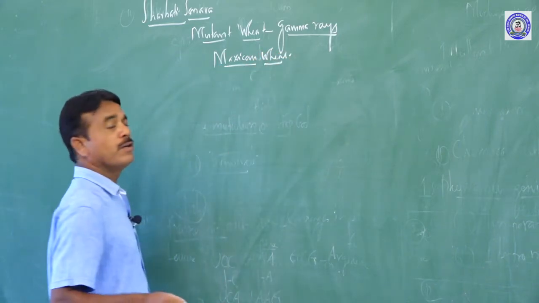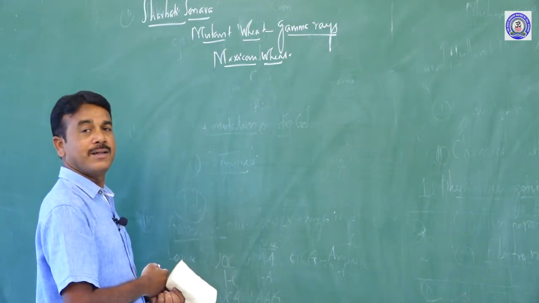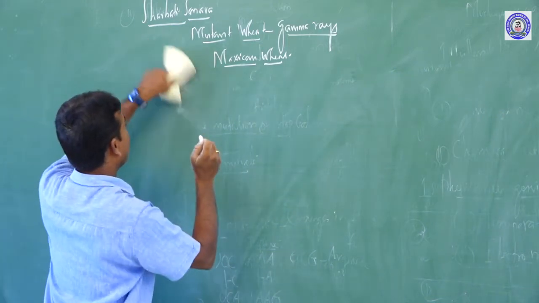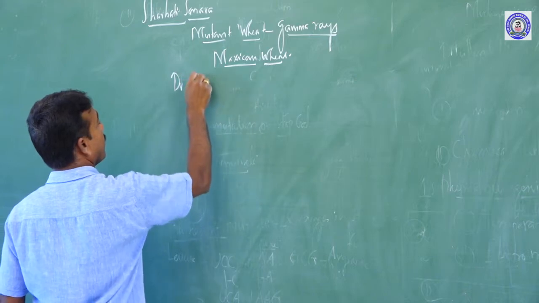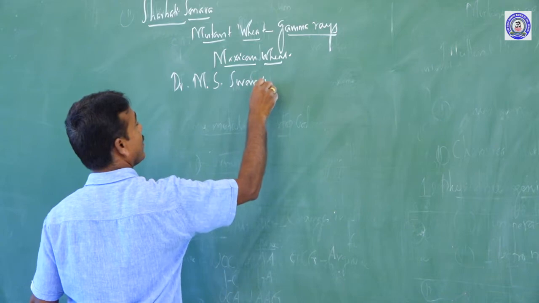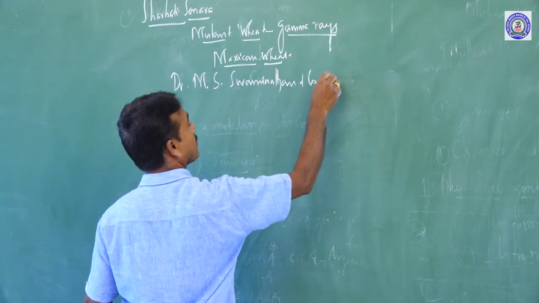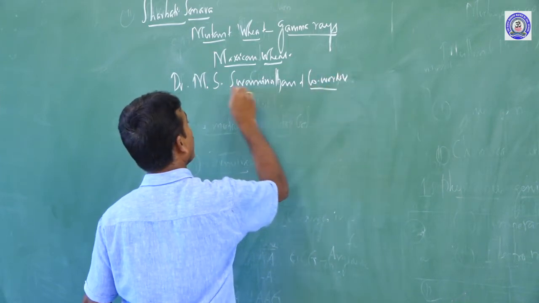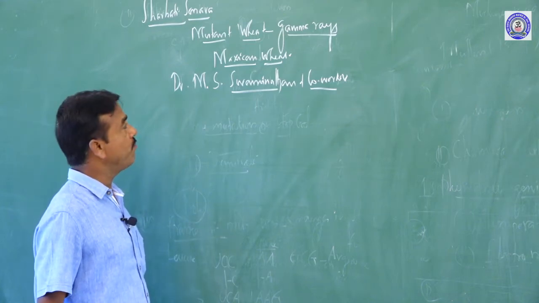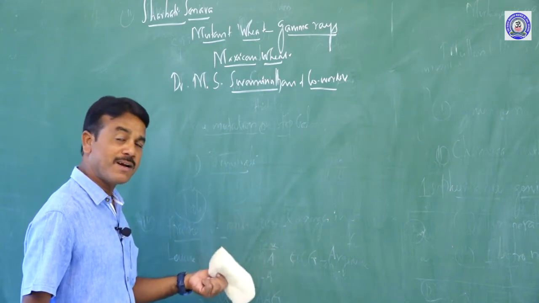The one who developed this wheat using gamma rays is the great scientist Dr. M.S. Swaminathan and co-workers. They developed a new mutant variety of wheat by using gamma rays, commonly called the Mexican variety.